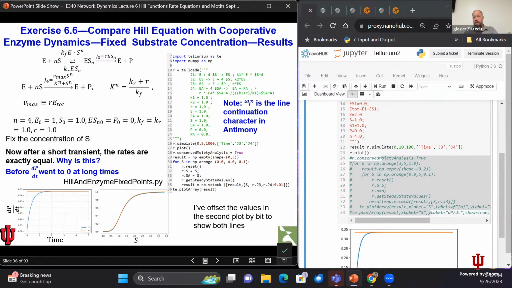And so if the rate of variation of the substrate is fast compared to the equilibration time, we're going to get the wrong answer when we use the Hill function. If the rate of change of the substrate is slow, then we can get away with it. So we have to think about what we want to simulate and whether the model is right.